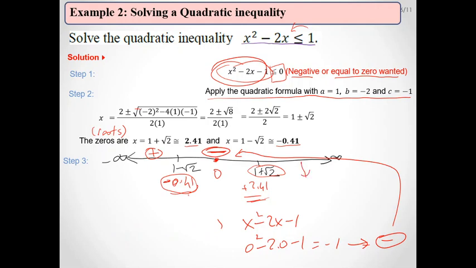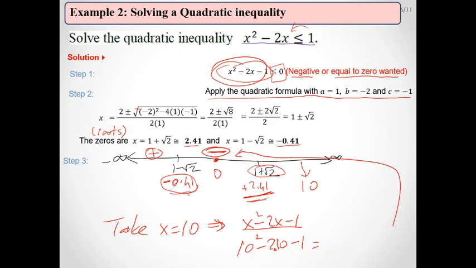Okay, I will take here, so it has to be bigger than 2.41. So I'm taking, let's say 10. So take x equal to 10 and put it inside the polynomial. That will be 10 squared, minus 2 times 10. This will be like 100.